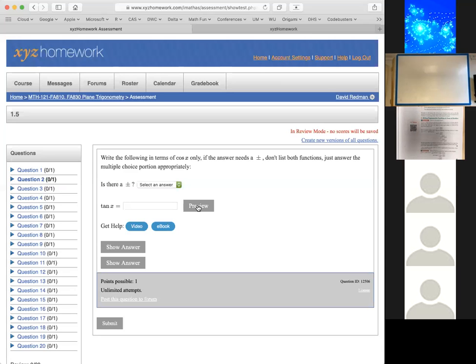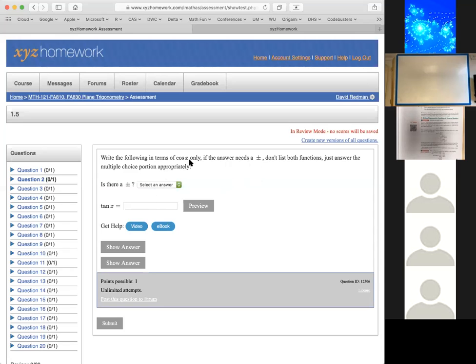like this problem, and asking me about the plus minus. So if I'm going to write the answer in here, I'll check it in front of you. Write the following answer in terms of cosine. If it needs a plus minus, don't list both functions, just answer this.